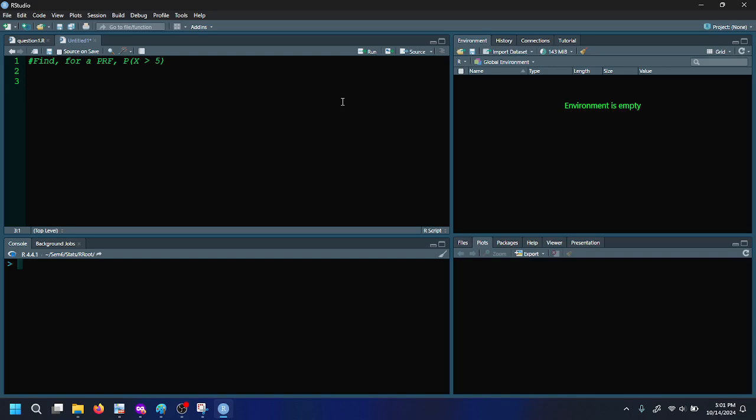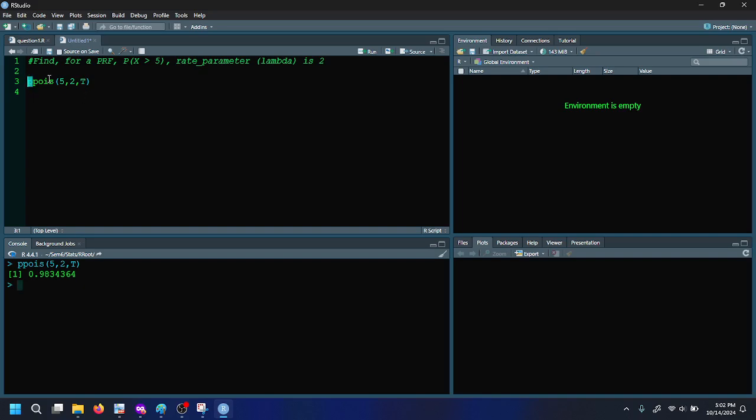In R, the way we would do that is ppois, the value that we want to search for, which is 5, let's assume that rate parameter lambda is 2, and then we'll explicitly say that the third argument is TRUE. Have a look when I run this. I get a probability value here of 0.983.